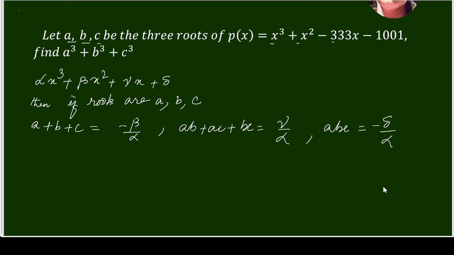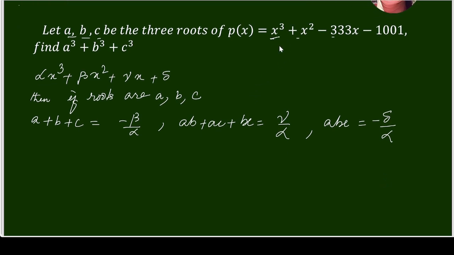So here in this question, alpha equals 1, beta equals 1 again, gamma equals minus 333, and delta equals minus 1001.